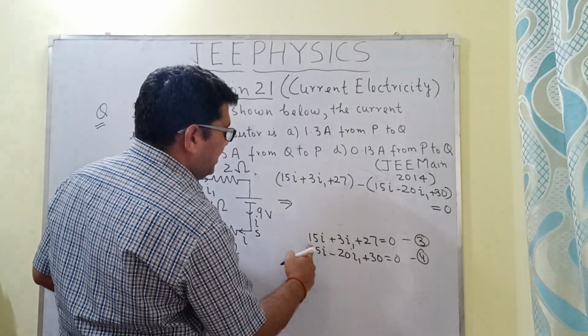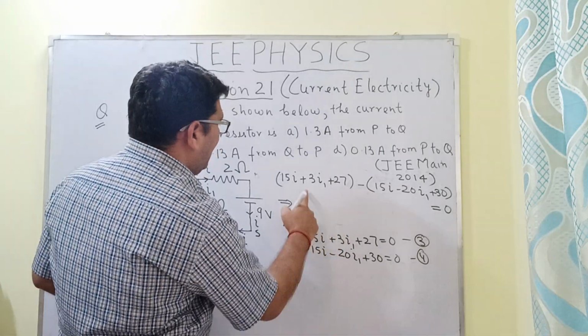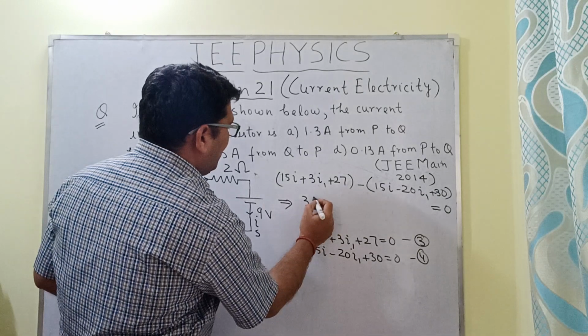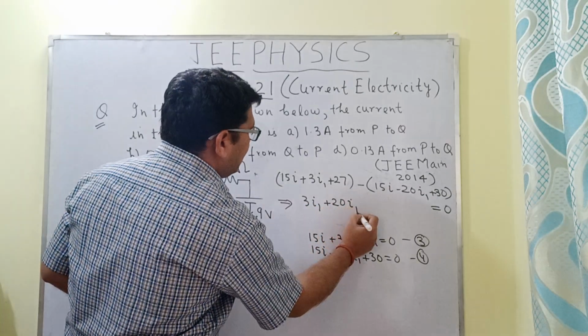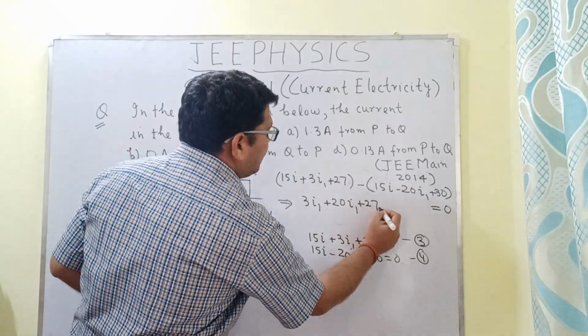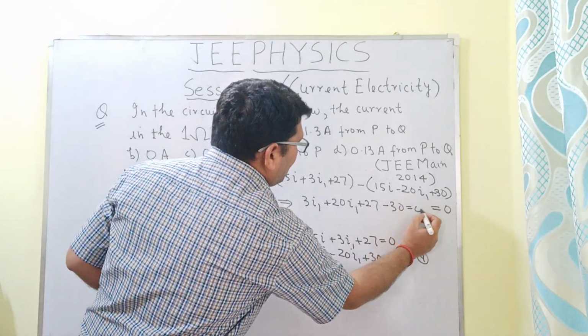So what I am getting here is 15I minus 15I, which is equal to 0, and 3I1 plus 20I1 plus 27 minus 30 is equal to 0.